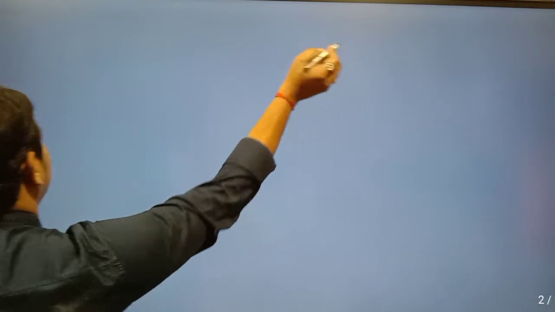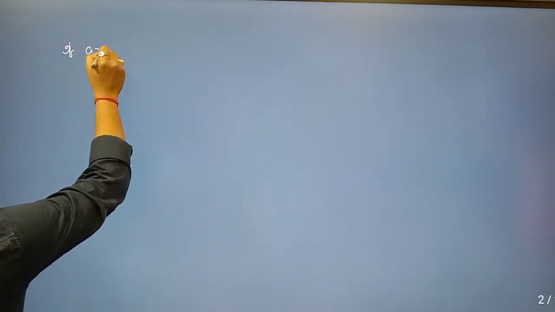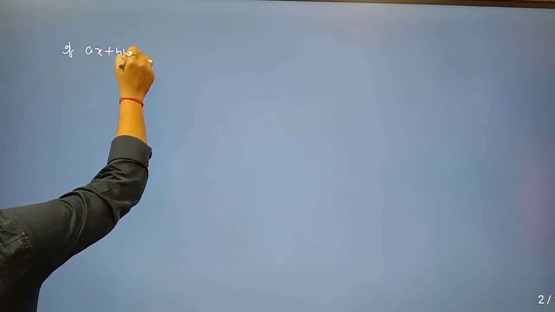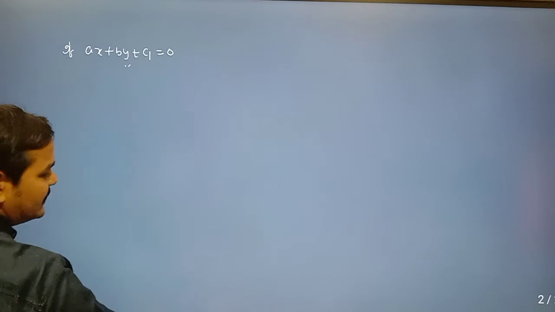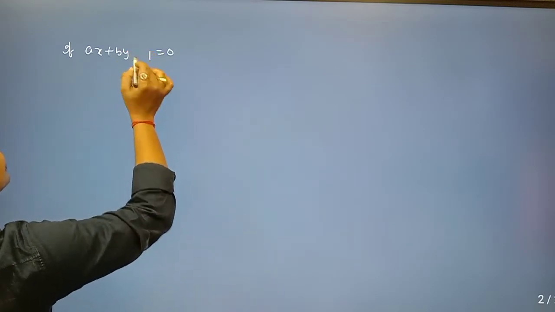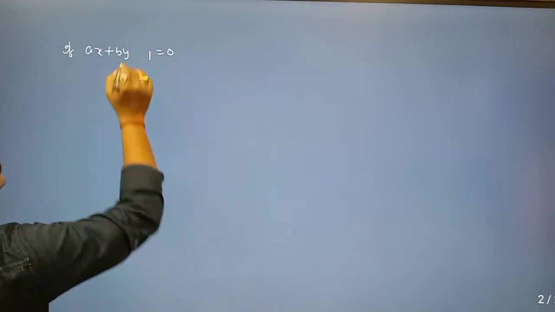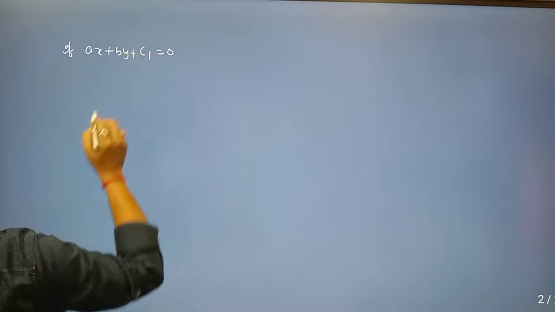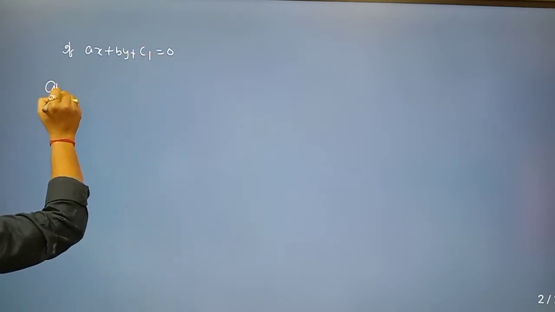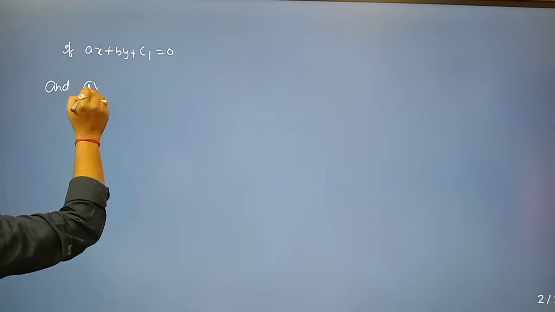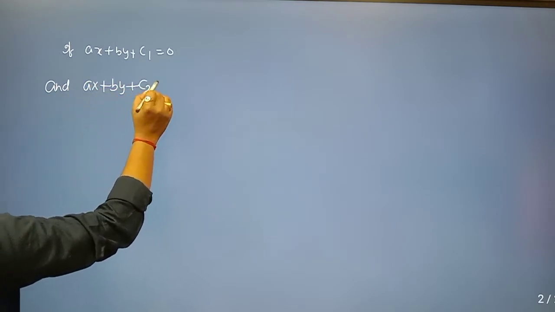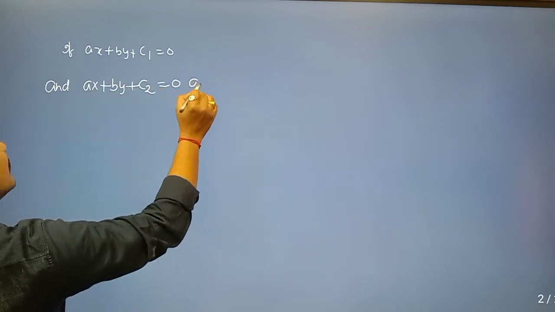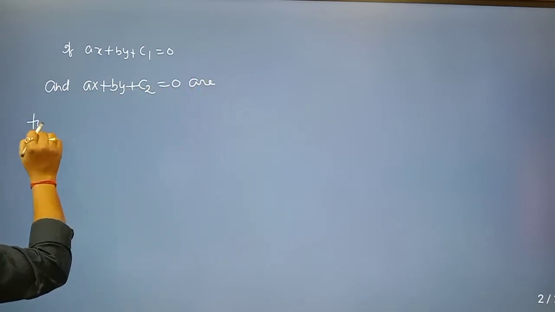See, if ax plus by plus c1 is equal to 0 and ax plus by plus c2 is equal to 0 are two parallel lines.